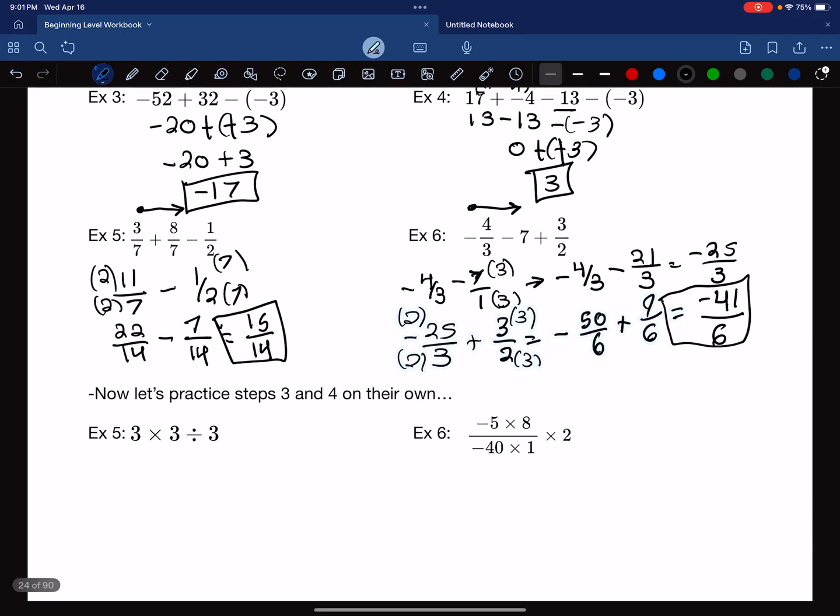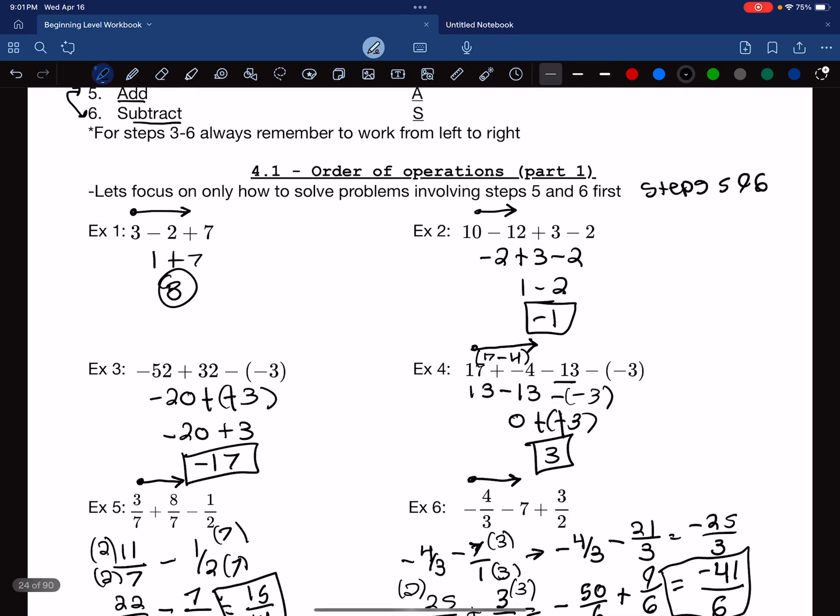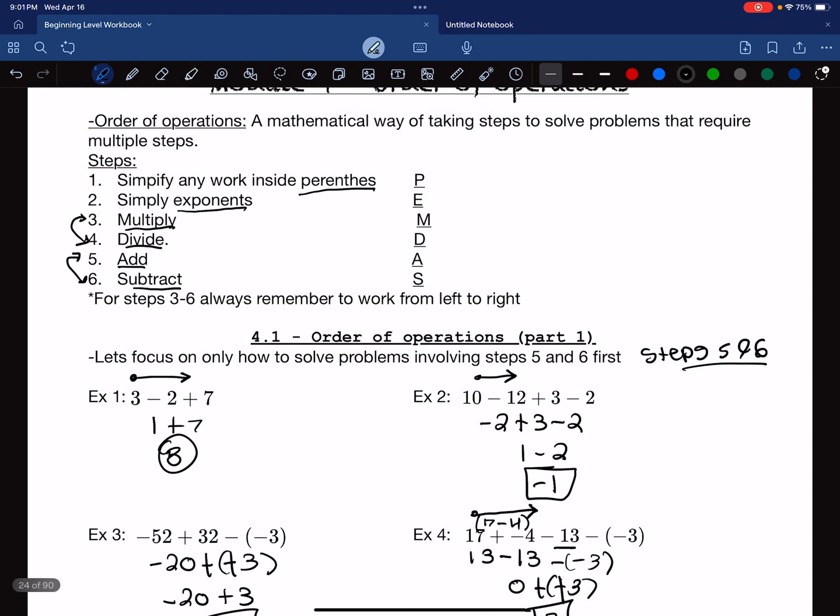So now let's practice these other problems. We're going to be practicing steps 3 and 4 on their own instead of steps 5 and 6. Remember, steps 3 and 4 are just multiplication and division.